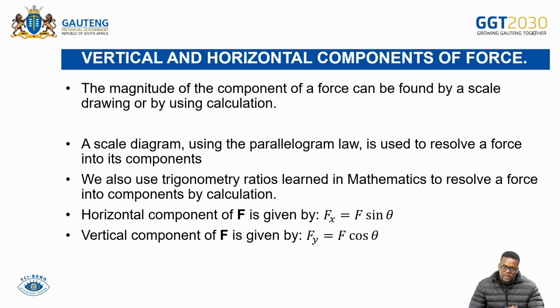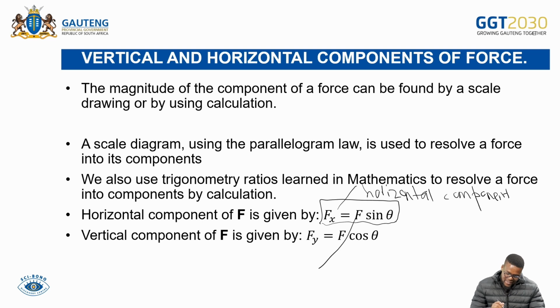So a horizontal component we can calculate by using this formula here. Fx is equal to F sine theta. So this Fx is going to be the horizontal component. F is the actual force, the force which is given, and then the sine 30 is the angle between the force and the horizontal.